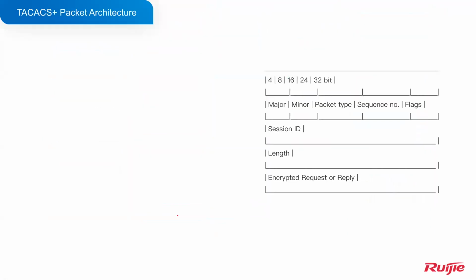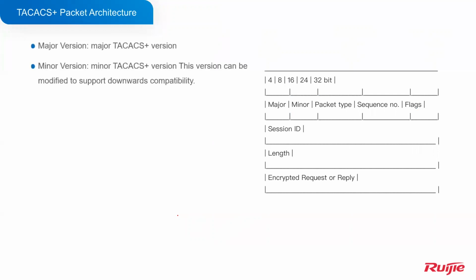After knowing the process, next, let's see the TACACS+ packet architecture. Since all the packets exchanged when we use TACACS+ will contain a lot of messages, and these messages have a structure when carried in the TACACS+ packet.